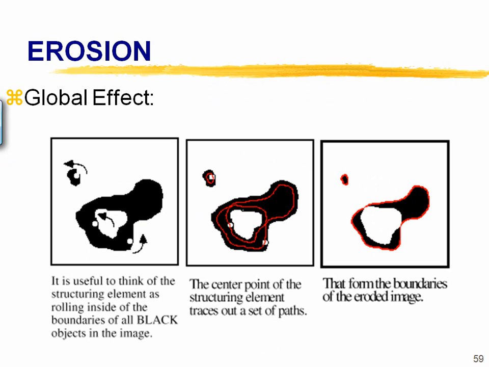Now in terms of a global effect, it's the exact opposite. Think of a white ball placed inside the regions and rolled around, and that's the kind of shrinking you would get as an end result. So it shrinks the region that you have, and it widens the holes that you have. Opposite effect.